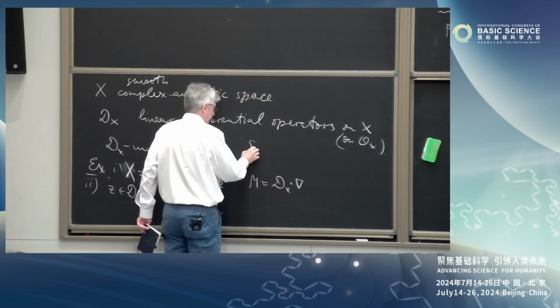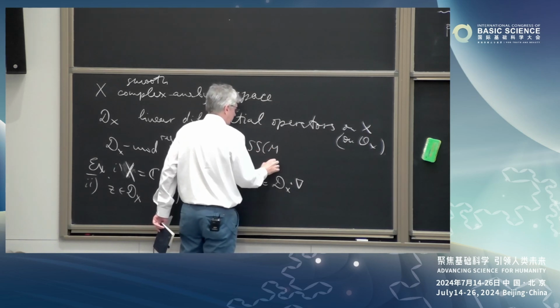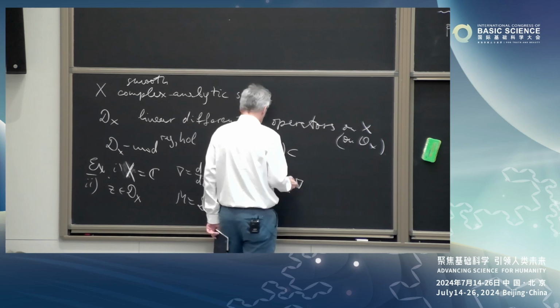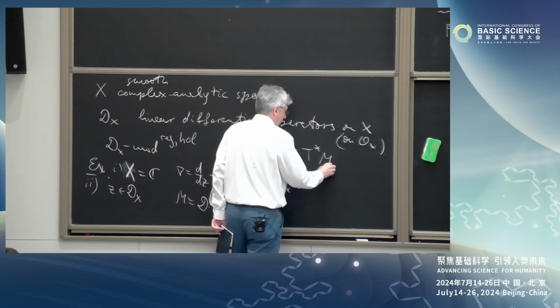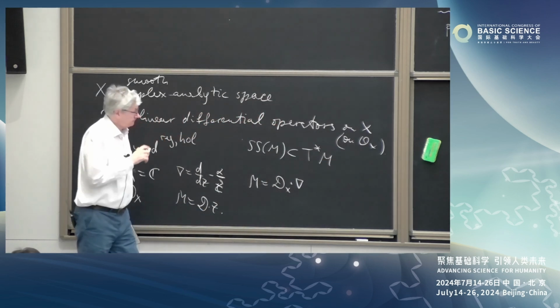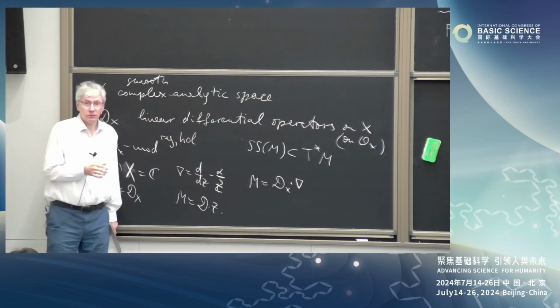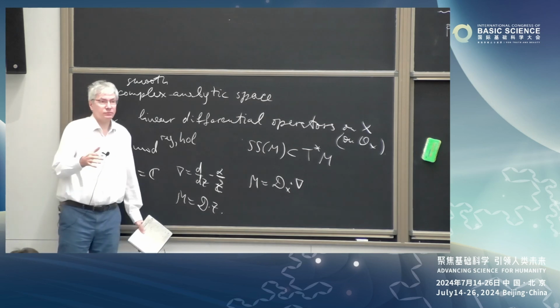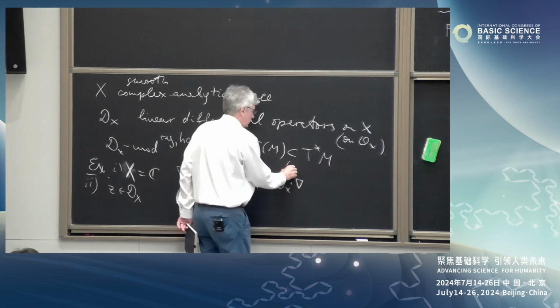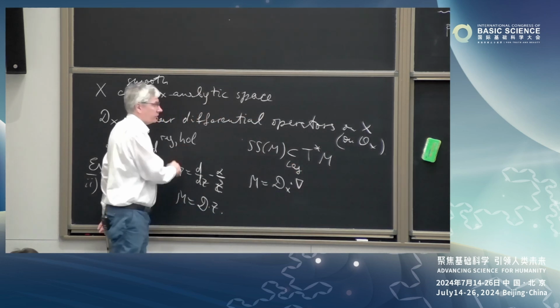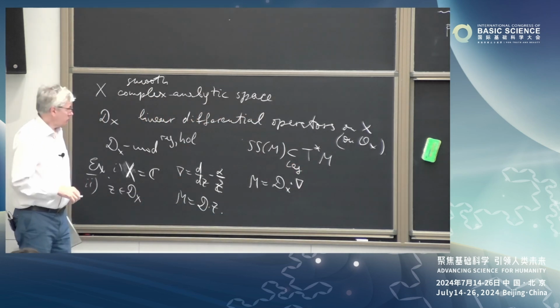These modules have so-called singular support, which is a subvariety in the cotangent bundle of X of M, and the singular support is an involutive variety, and if it's the smallest one, meaning Lagrangian, so this guy is Lagrangian, and this corresponds to holonomic D-modules.